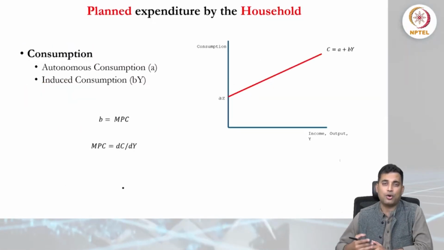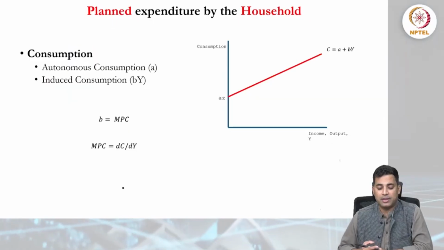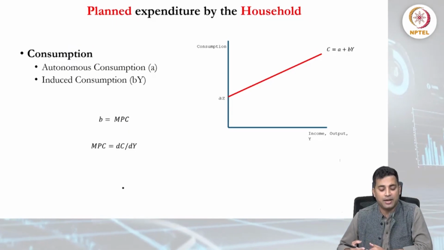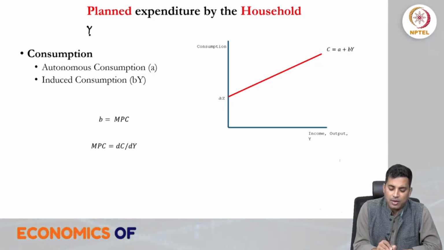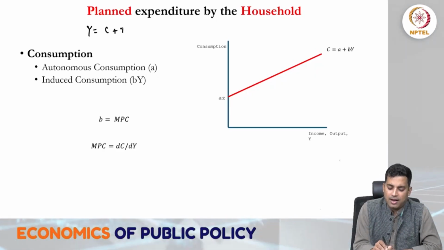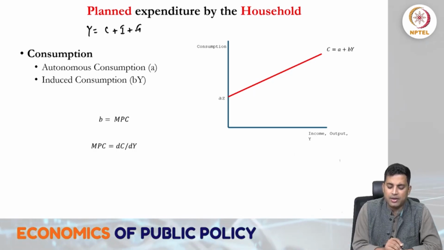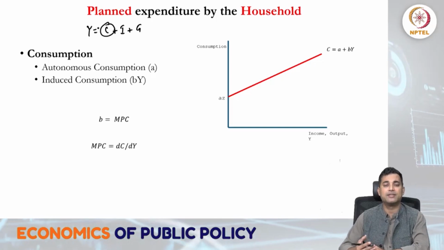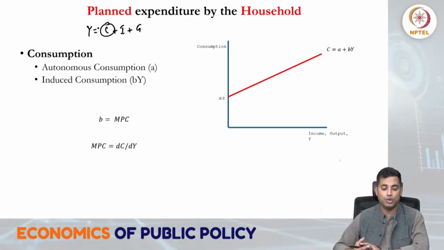Here, all of us know this, but let us spend a bit of time on the components. We know that capital Y equals C plus I plus G. Our discussion here is actually on C, consumption. Consumption has two parts.